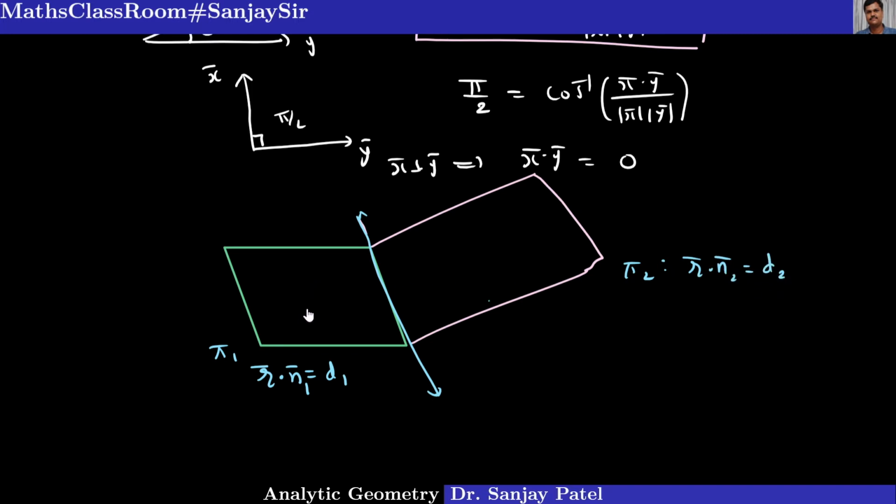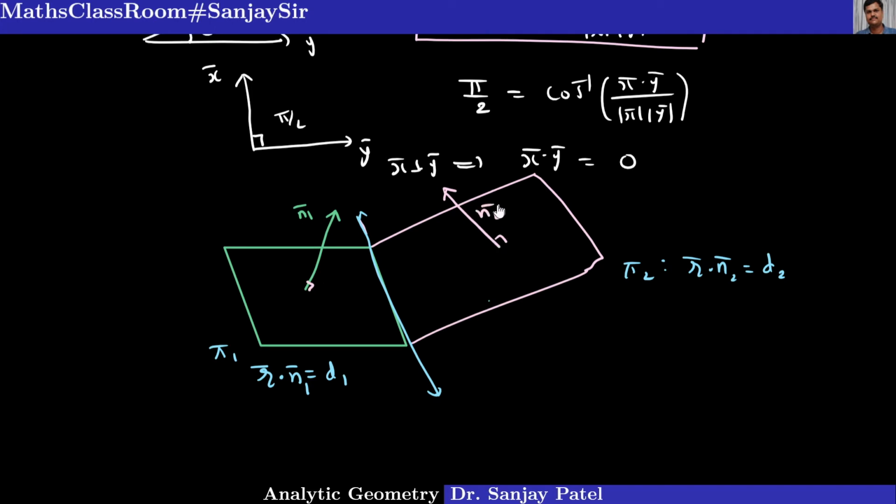So n1 bar and n2 bar are the normal vectors of these two planes. This is another vector which is perpendicular to this plane.